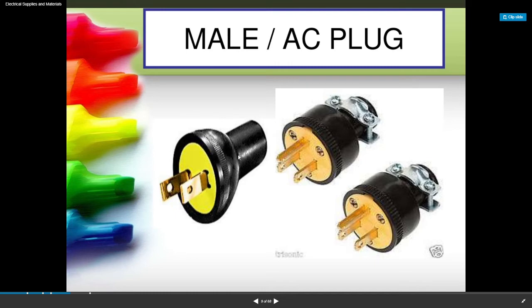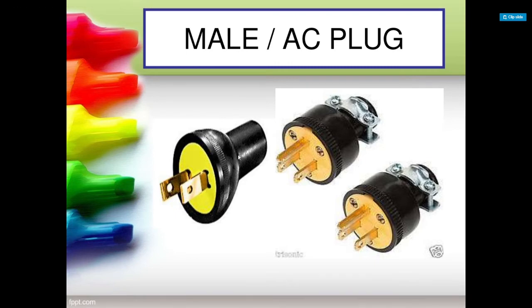Make sure that, in our situation right now in the Philippines, we are using only two prong male plug, and the holes in our convenience outlet are only two. Unless there are some wherein there are three, but most of the time there are only two.